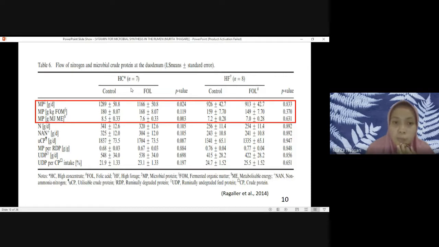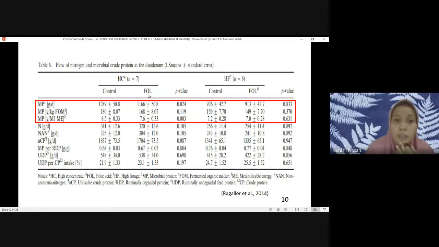In my understanding, for example, the high concentrate diet, they give the same amount of the high concentrate diet for the control and for the high concentrate diet with the addition of the folic acid. So the number of the energy should be the same.